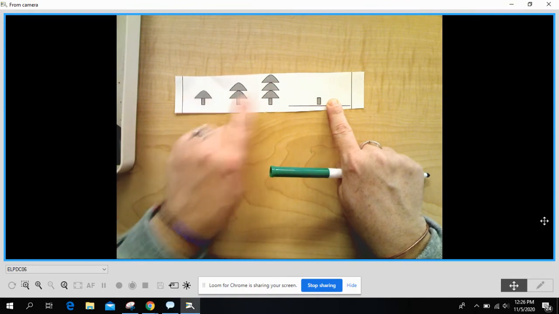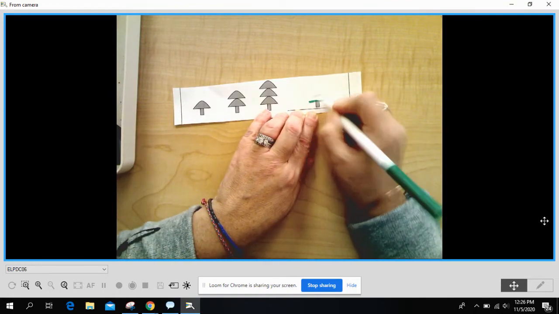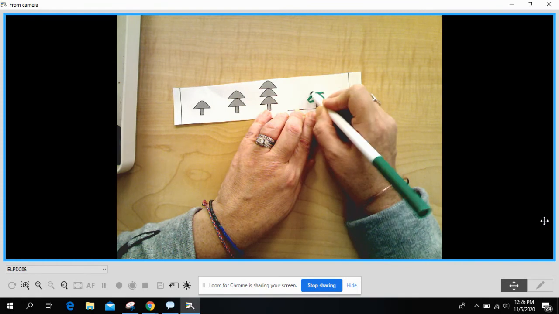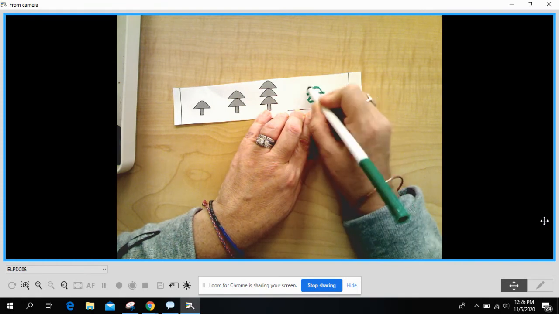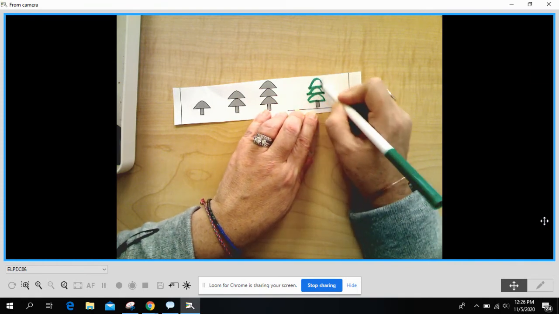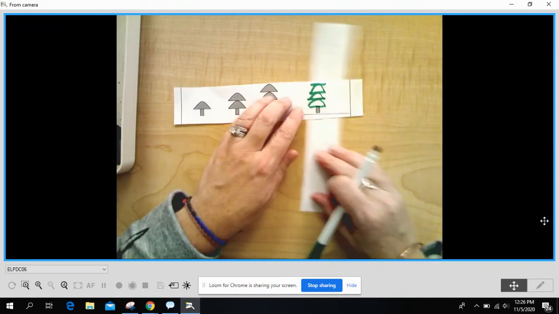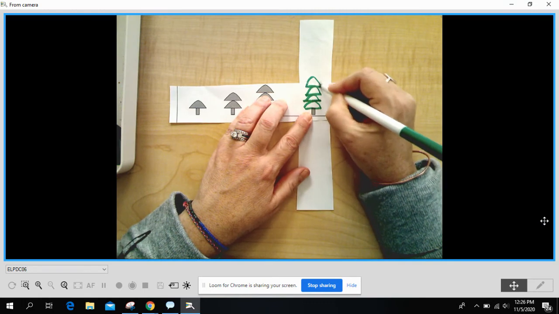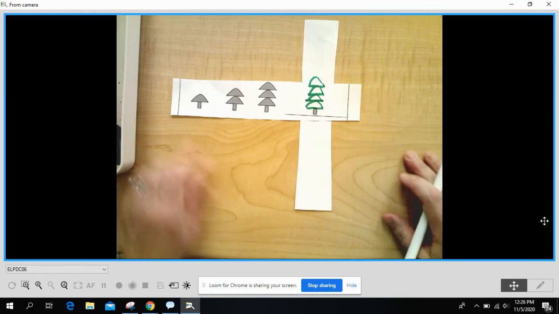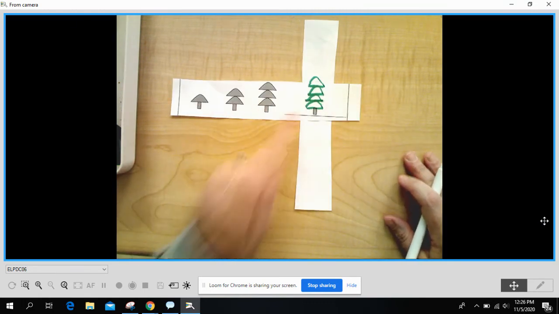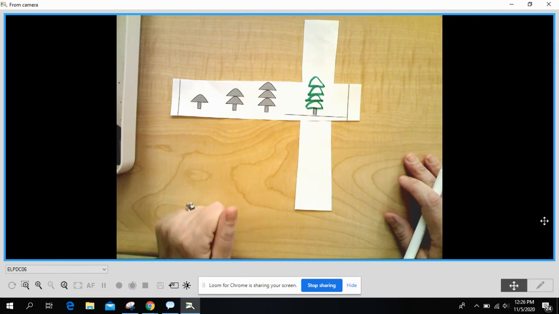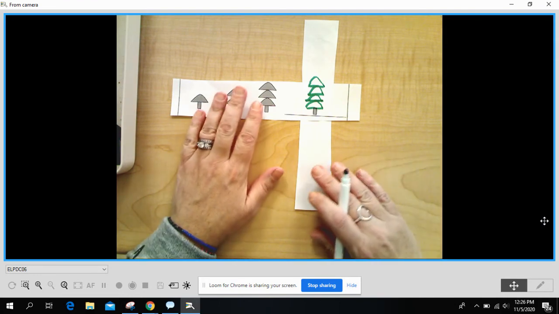If you can see that it's increasing by 1 and you think we'll have 4, I think you are exactly right. So the fourth term of this pattern, and look, I need to do this so I can go off my paper so you can see it, would look like this, where it would increase by 1 each time. That's what a picture growing pattern looks like.